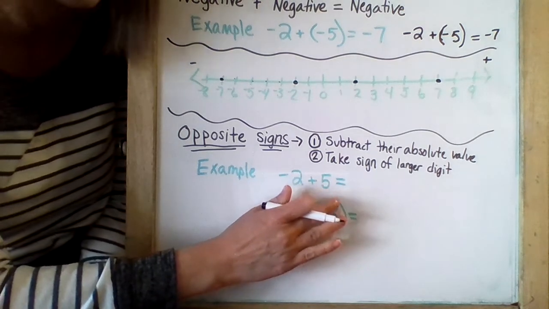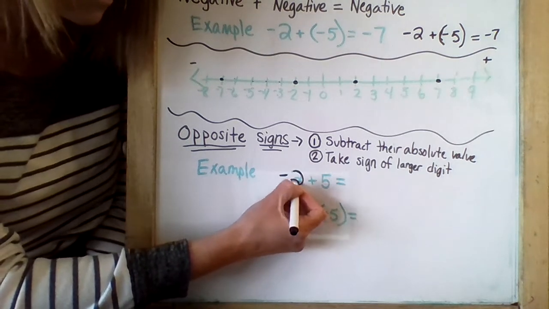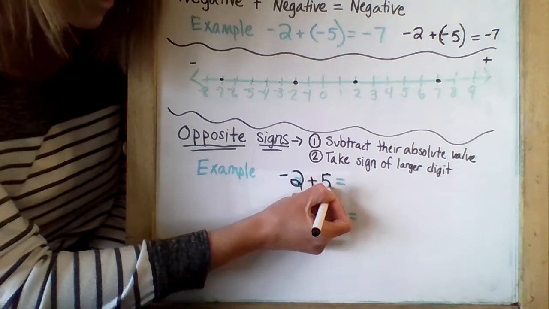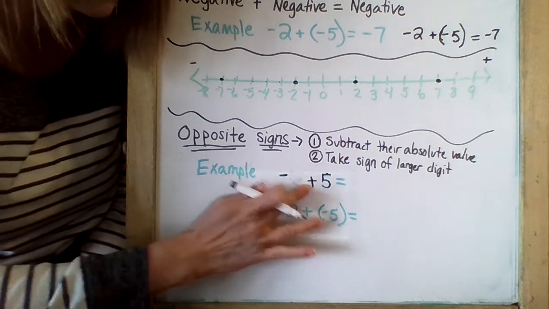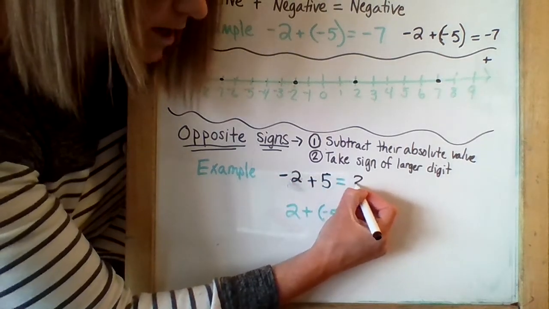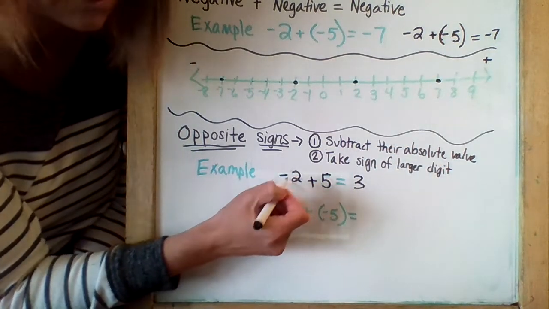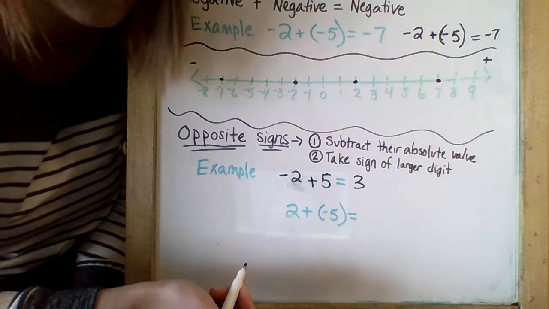So think of their absolute values. Sorry, those are a little faint. I have a 5 and a 2. I'm going to subtract 5 minus 2, and I get 3. Then my next rule says to take the sign of the larger digit. Well, 5 is bigger than 2, and 5 is positive, so my answer is a positive 3.